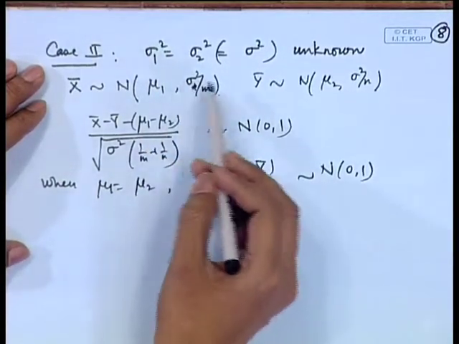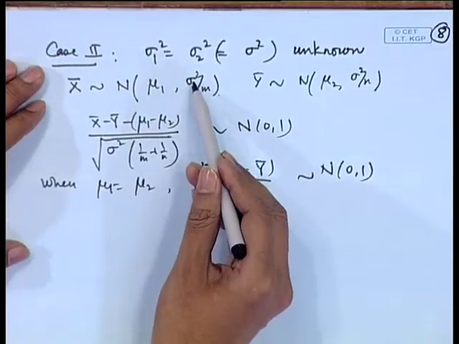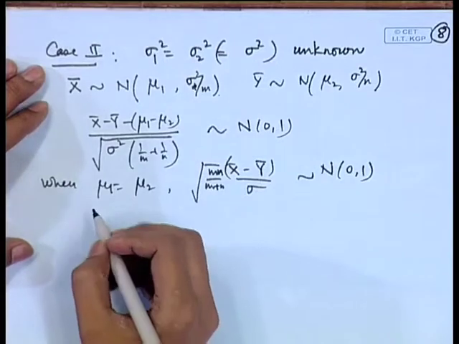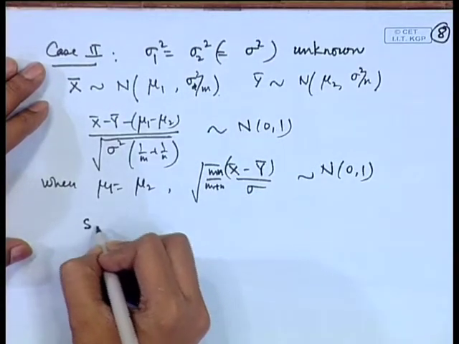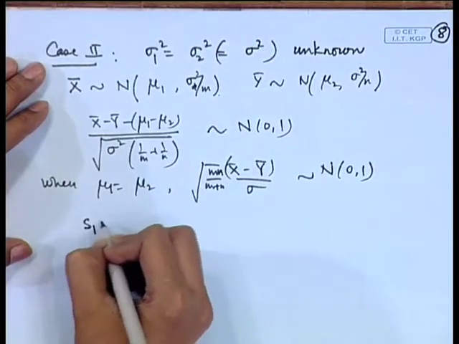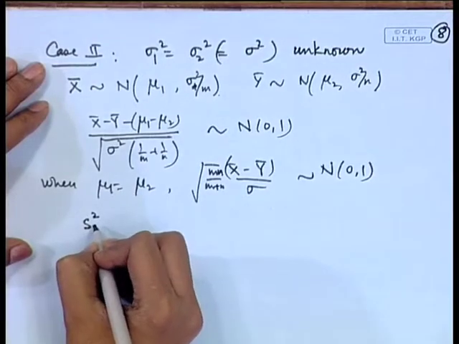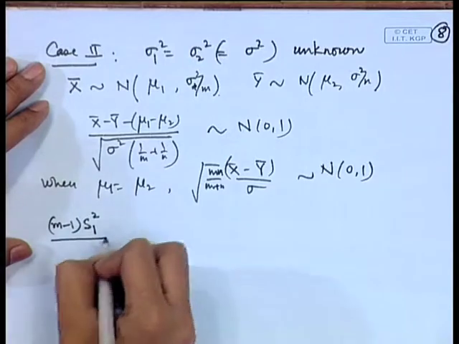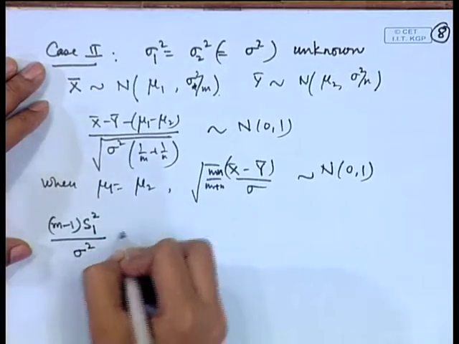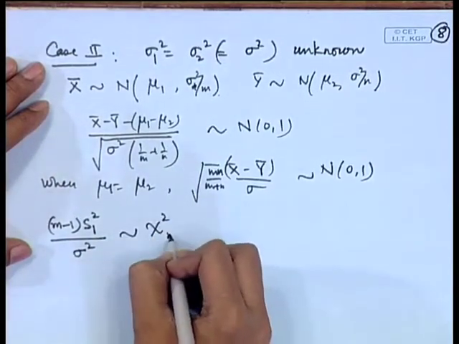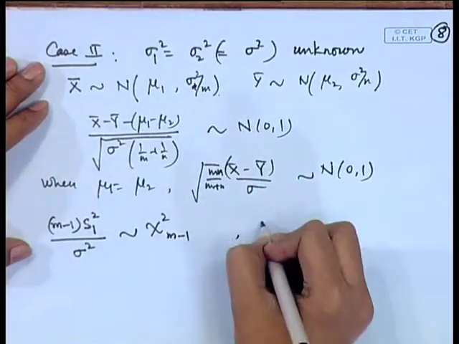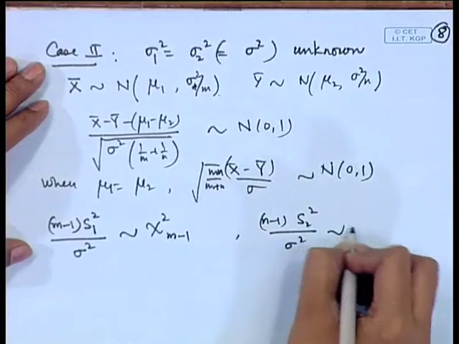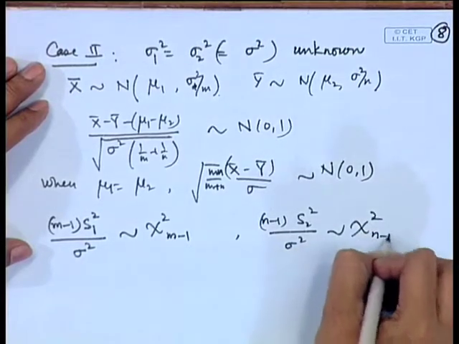So, we look at the estimates of sigma square from both the samples and we may merge them. If we look at S1 square, then S1 square is an estimate for sigma square. In fact, we have (m minus 1) S1 square by sigma square follows a chi square distribution on m minus 1 degrees of freedom, and (n minus 1) S2 square by sigma square follows a chi square distribution on n minus 1 degrees of freedom.